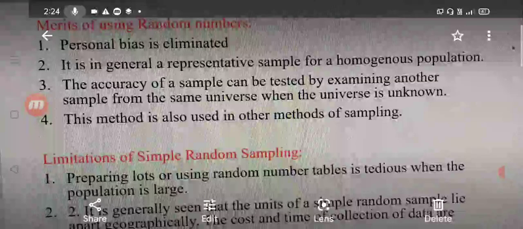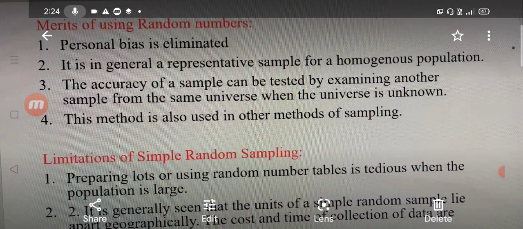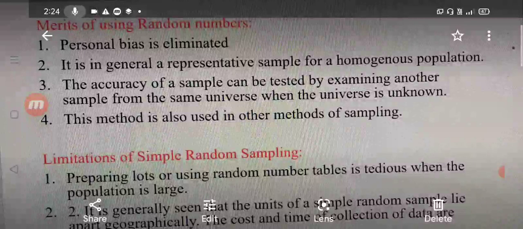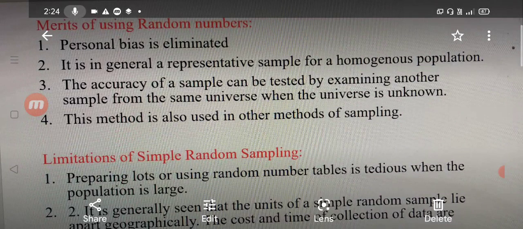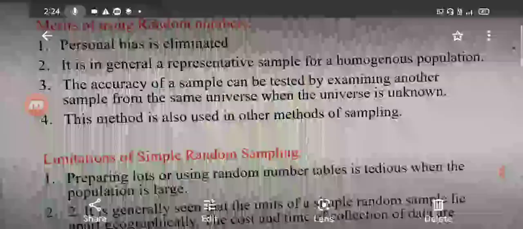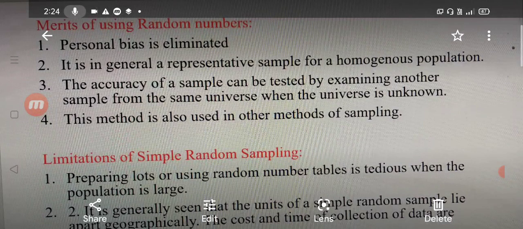He is not following any biased method, and it is a general representative sample of homogeneous populations. So, it is possible only where there is homogeneity among the respondents. Here, for the selection of 10 members from the 100, all the 100 should be homogeneous, then only it is possible.